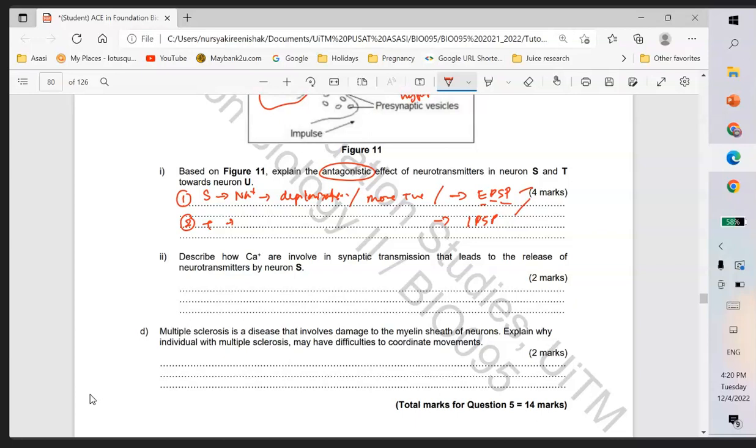Okay, so complete answer. Okay, your answer is complete. So I hope everyone gets the point given by Izzat. So basically, when an impulse reaches the synaptic terminal of an axon of a neuron, it triggers the opening of voltage-gated channels for calcium ions.